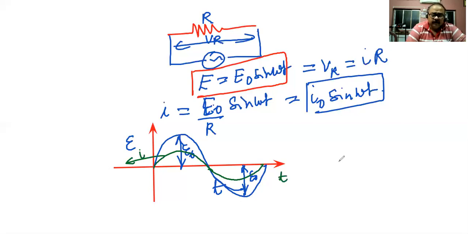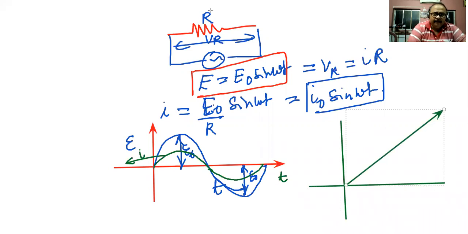So if I just draw the phasor diagram over here, it will look like this. For example, this is your EMF and this is your current.